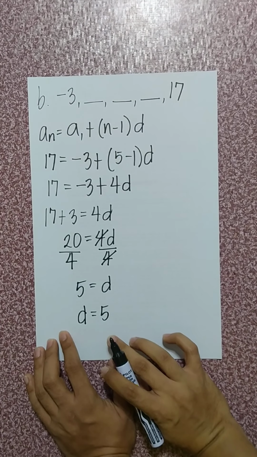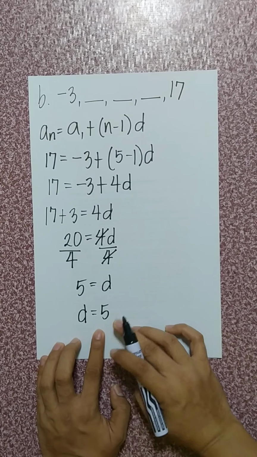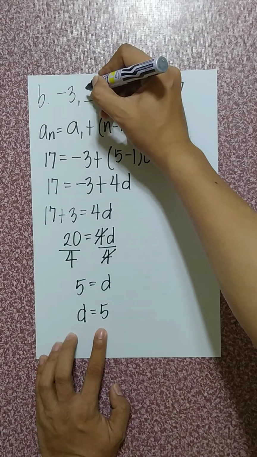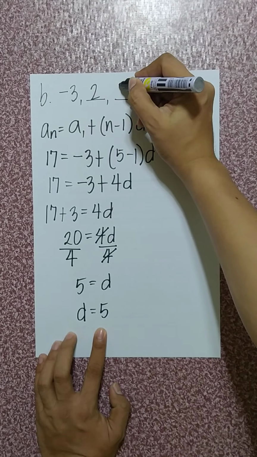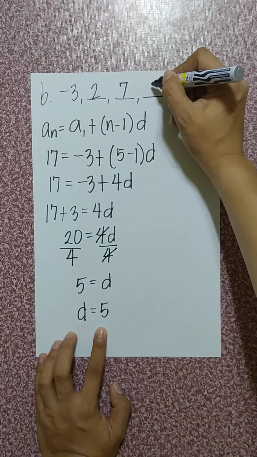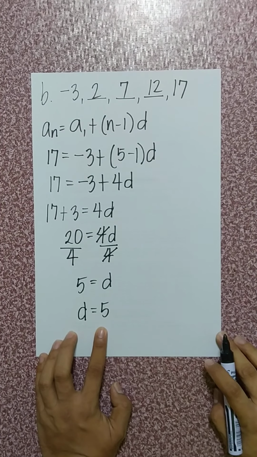So, again, nahanap na natin ang common difference. So, let's find what are the means. We have negative 3 plus 5. We have 2. 2 plus 5, 7. 7 plus 5, 12. And 12 plus 5, we have 17.